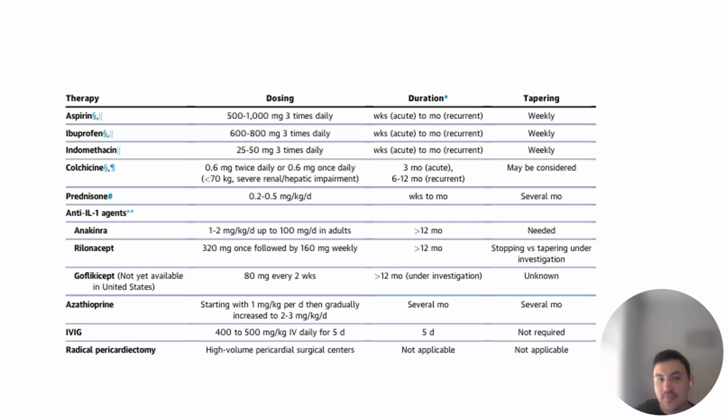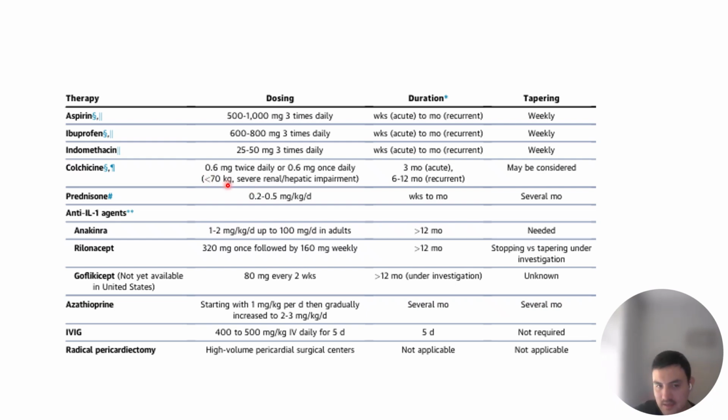Aspirin is 1,000 three times daily, which is a high dose for those medications. Ibuprofen, which is commonly used, 600 to 800 three times daily. I tend to use ibuprofen in clinical practice. Why? Because it is easy for the patient, right? And colchicine, remember, is 0.6 twice daily or 0.6 once daily.